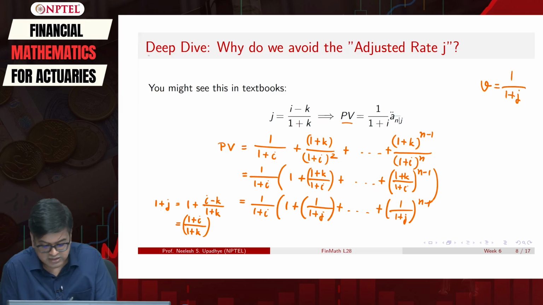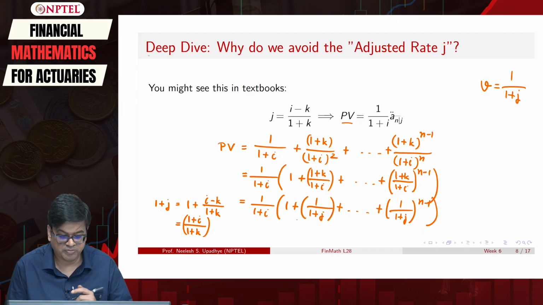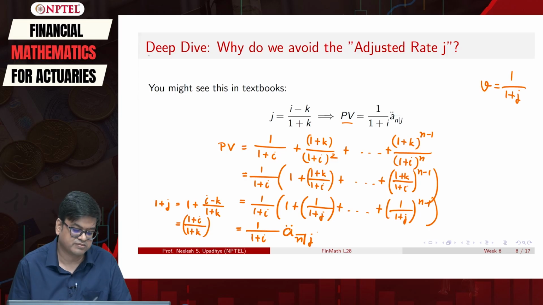So this is nothing but the calculation of annuity due for n periods with interest rate j. So I can write this as 1 upon (1 plus I) into annuity due for n time periods with interest rate j, correct. So that is how this formulation comes.